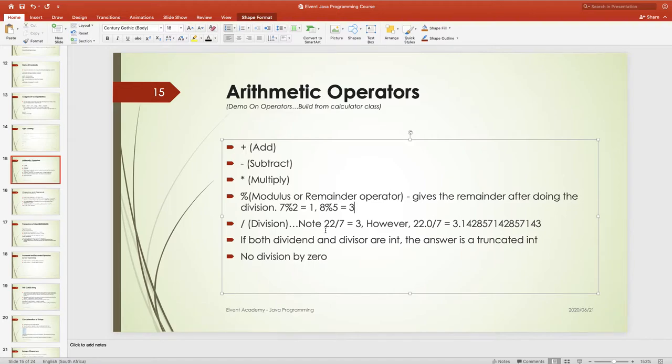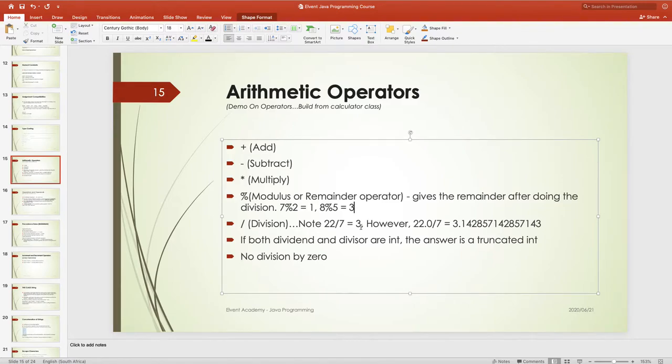But with Java, there is a trick. If you take integers or variables of type long and you divide them, if both of them are integers, then the answer you get is an integer. There is no rounding off, just a truncated integer.